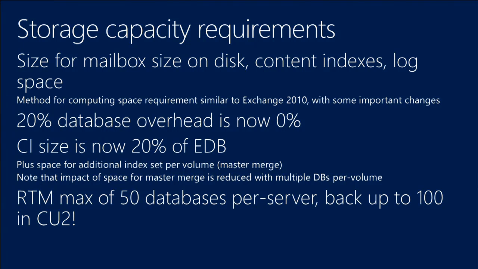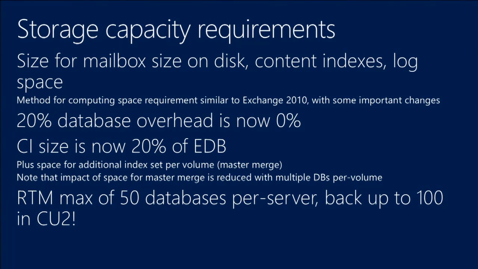That's fantastic. Now I'm going to take it away from you. So CI is actually using more space than it did in 2010. In 2013, CI is now going to use 20% of the EDB size, the mailbox database size, for its index files. Additionally, it's going to use another 20% for temporary space for what we call the master merge process.